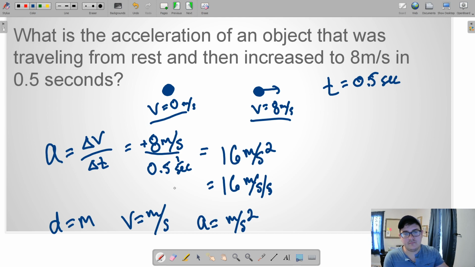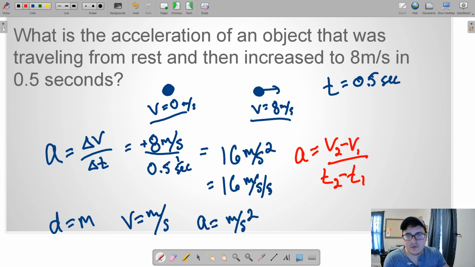Okay, there's one way to do the problem. Let's do it the other way, which will get us the exact same answer, using that equation, whichever feels most comfortable to you. I'm going to use V2 minus V1 all over T2 minus T1. Let's unpack this a little bit.